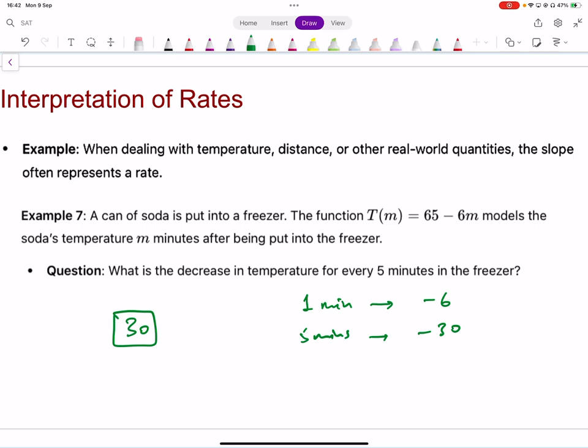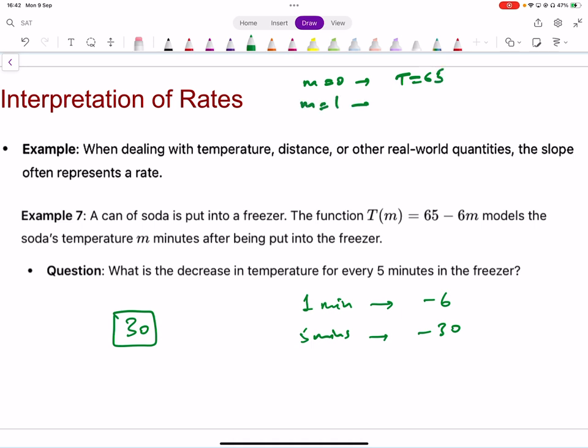65 is the initial value, remember? That's the initial temperature. Then every minute, how much is the temperature changing? That's what the slope represents. If you're confused, you can try taking some values as well. M equals 0 gives you T equal to 65.